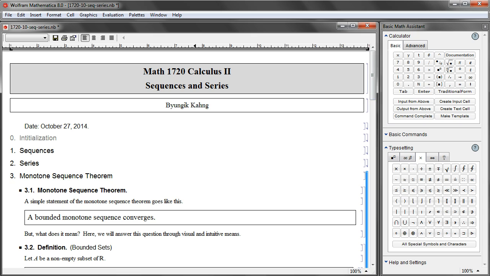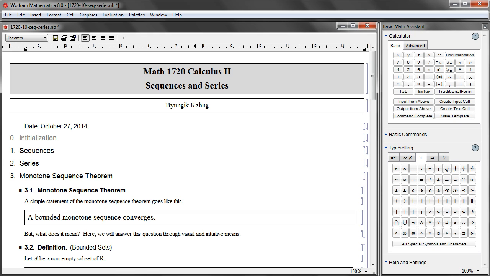Monotone sequence theorem by itself is very benign. It goes like this. A bounded monotone sequence converges. For example, if you have an increasing sequence that goes up and up and up, if it is unbounded, then it'll go up to infinity, yes. But if it is bounded, now it's increasing, so it cannot come back down. In that case, it'll have to stop somewhere.